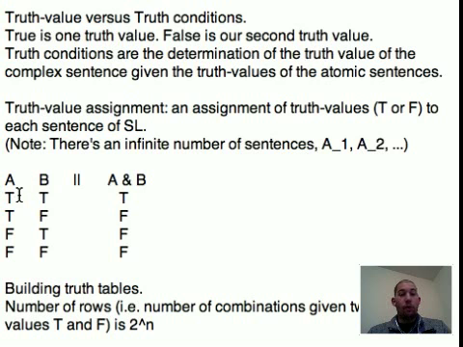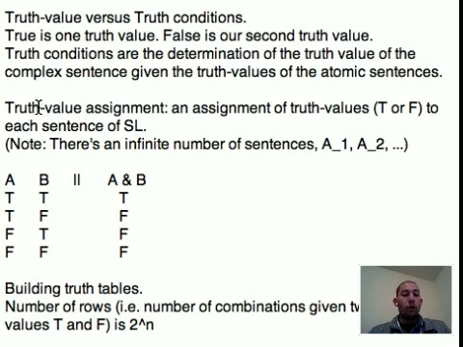In other words, for A to have the truth value T, and B to have the truth value T. Under this assignment, the conjunction gives the complex sentence the truth value true. But there are also other assignments, namely when A is true and B is false. Under this assignment, conjunction gives the truth value false for the complex sentence.